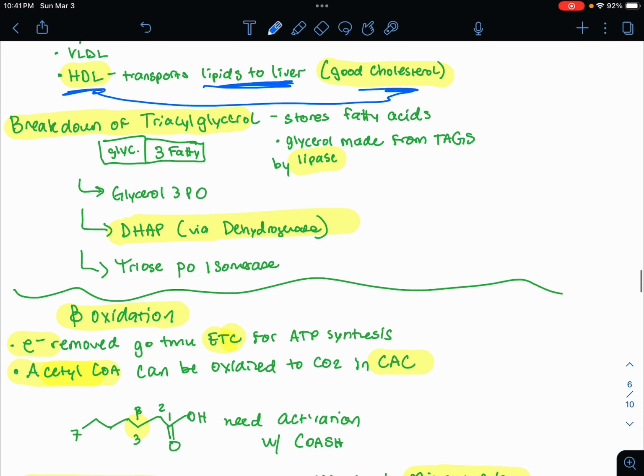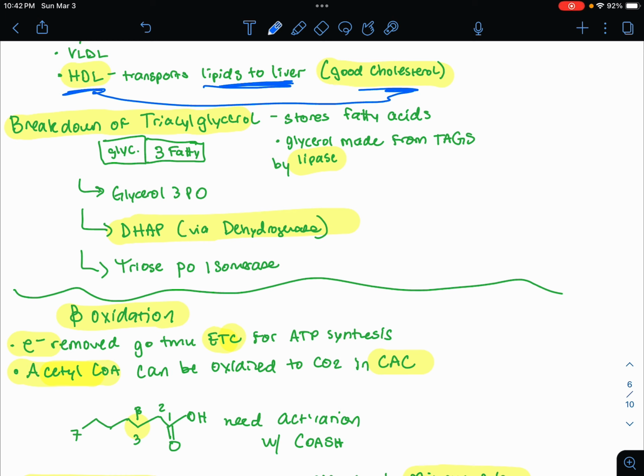All right, let's talk about the breakdown of triacylglycerol. Triacylglycerol stores fatty acids. Glycerol is made from the TAGs, or the triacylglycerols, and this is due to the lipase. Okay, so you have this reaction here. I forgot to write the enzymes down.